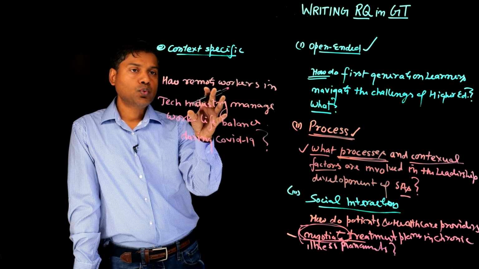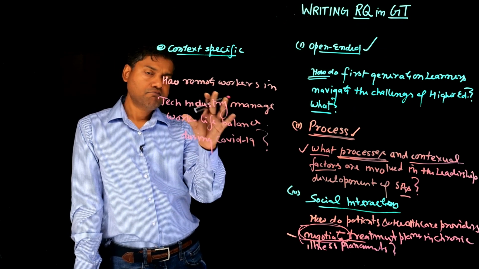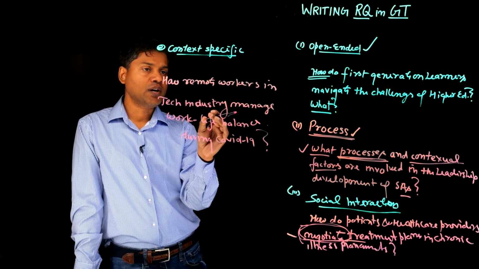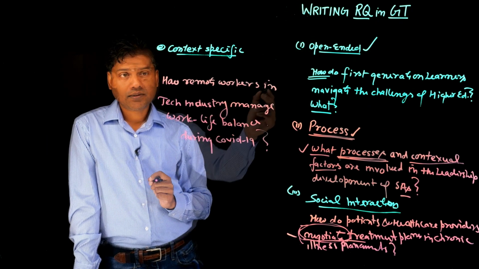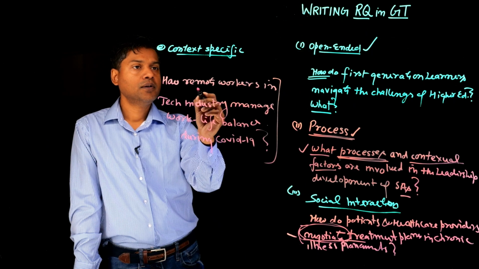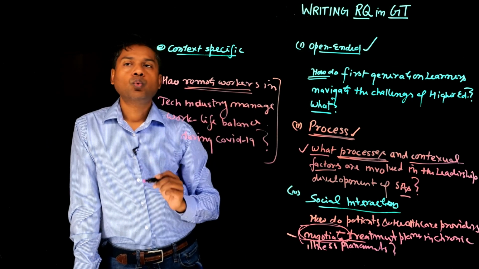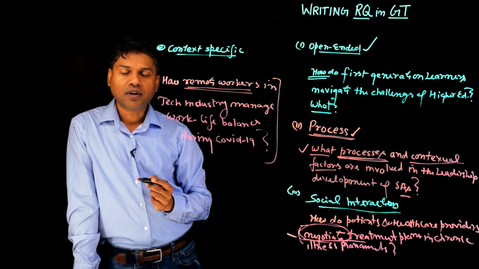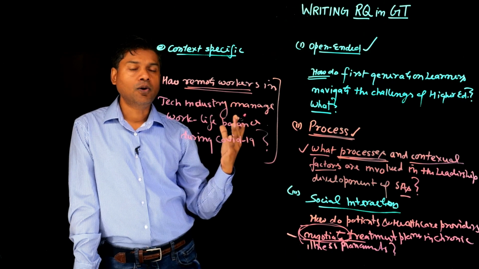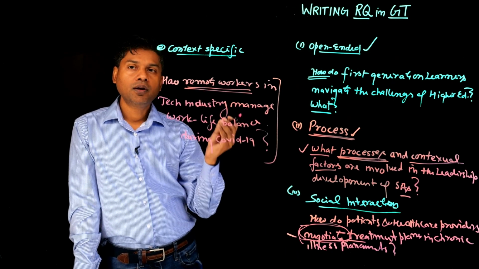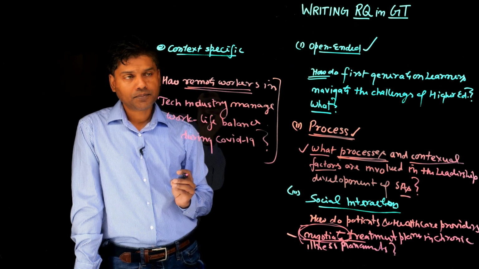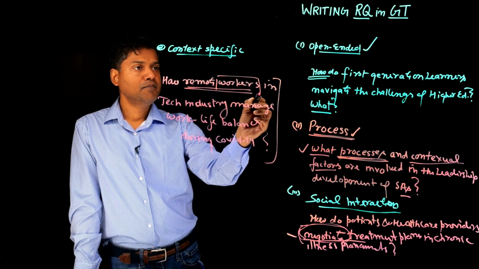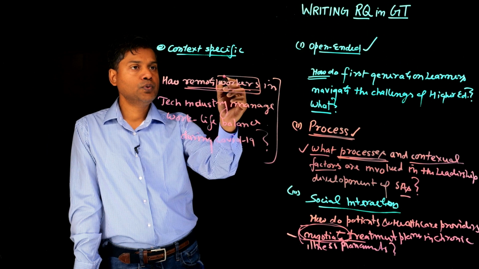Now, when you read this question, this is an okay question, but what it lacks is specificity, context. So when you think about remote workers, what kind of remote workers? Are you talking about the whole company, all kinds of workers? Or you want to focus on some specific workers? So you can make it more contextual when you talk about workers.